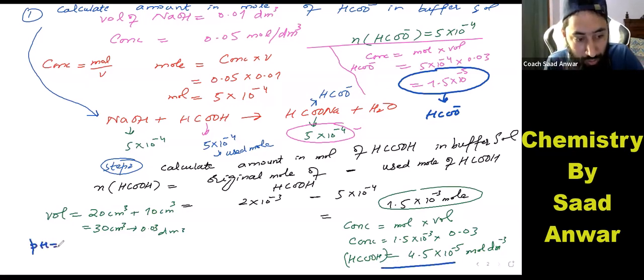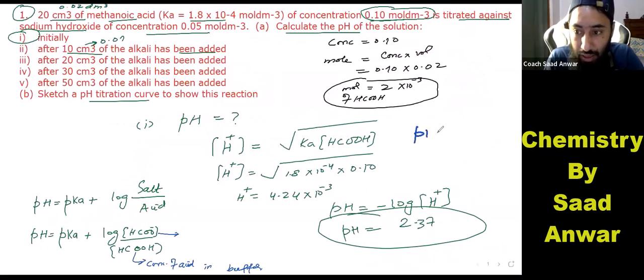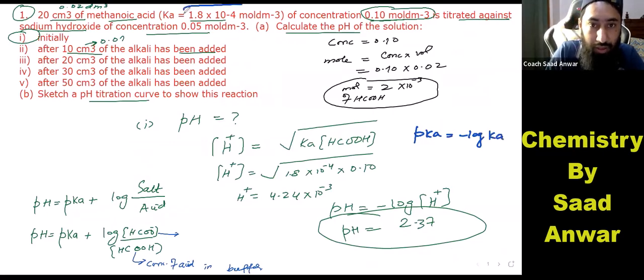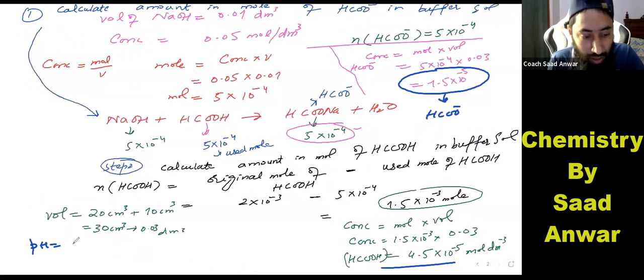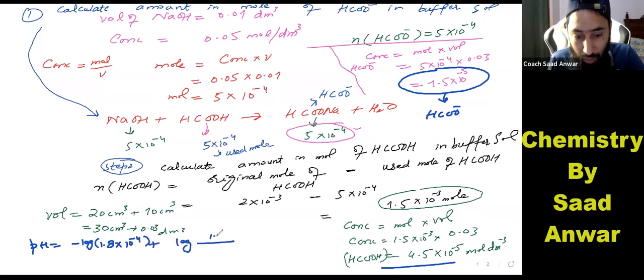pH is equal to pKa plus log of salt concentration over acid concentration. pKa means negative log of Ka. The value of Ka is given here. I'm going to use this value: negative log of 1.8 into 10 raised to power minus 4, plus log of salt concentration, 1.5 into 10 raised to power minus 5, over acid concentration, 4.5 into 10 raised to power minus 5.